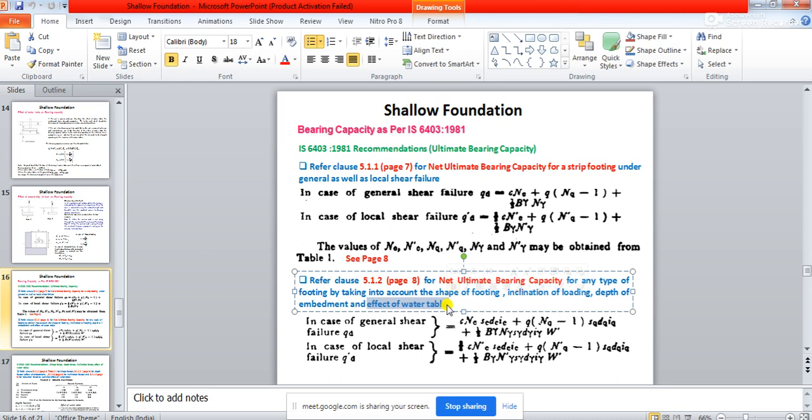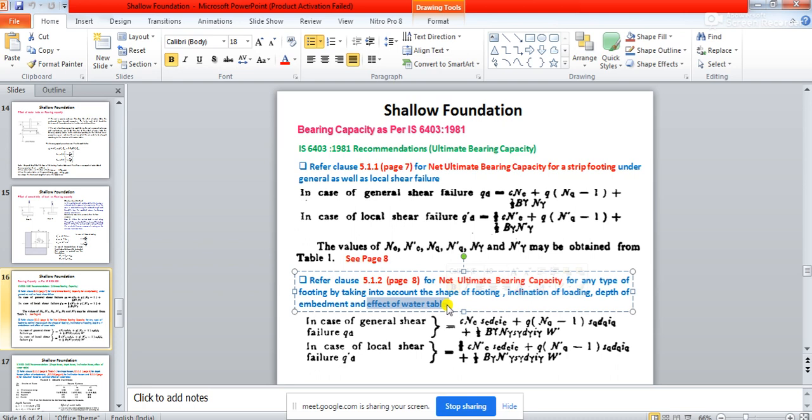Considering this, if we want the bearing capacity formula, then the Indian Standard Code has introduced another two factors, besides the shape factors, called the depth factor and the inclination factor. They are written as dc, dq, d gamma, and ic, iq, i gamma.